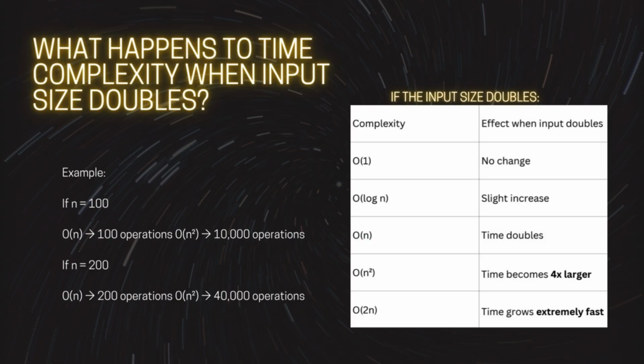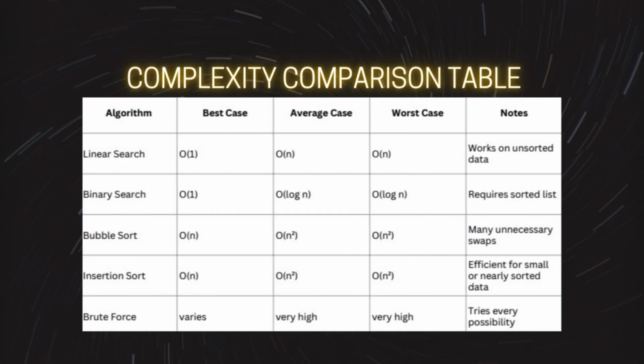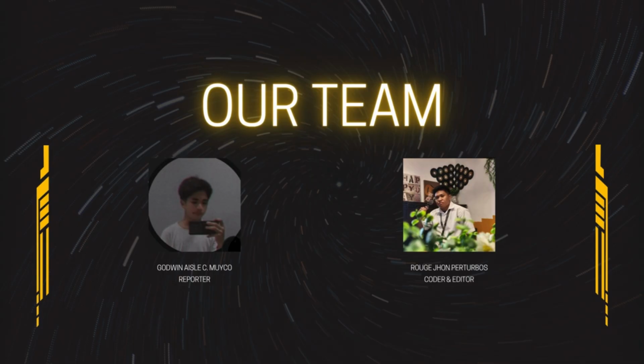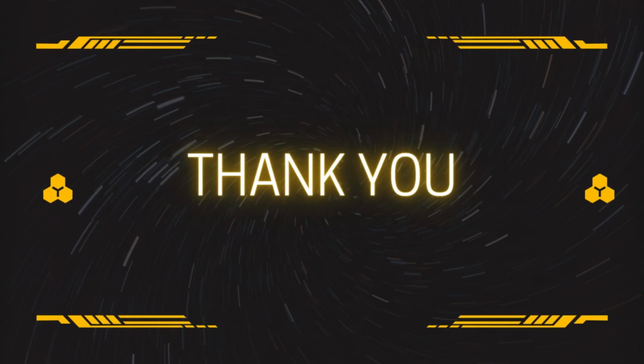Insertion sort puts each item in its correct place step by step. And brute force tries every possible answer until it finds the correct one. So here we can see the complexity comparison table.